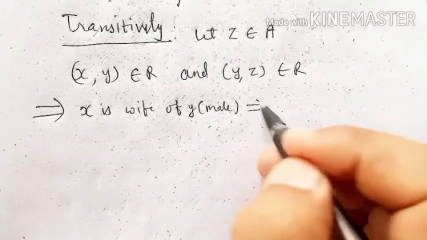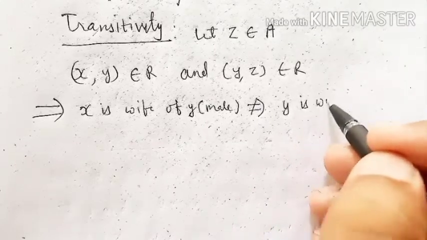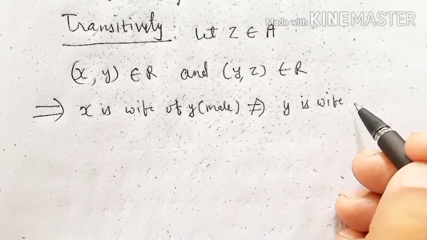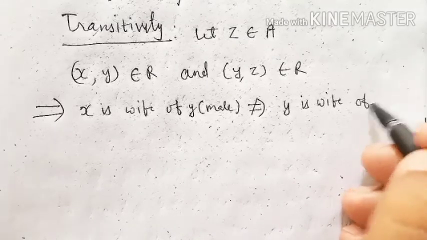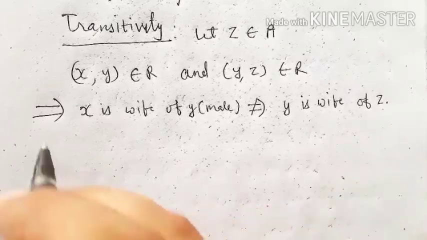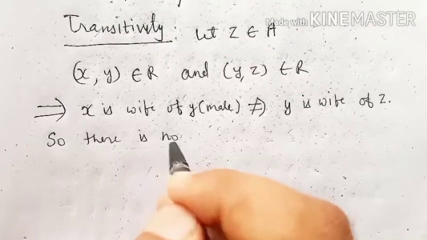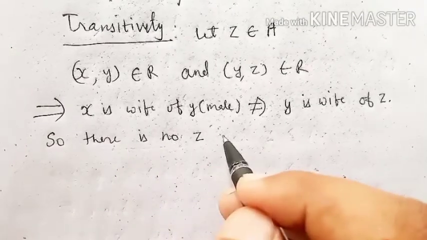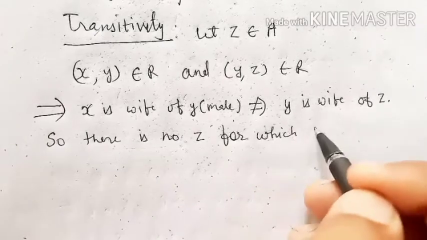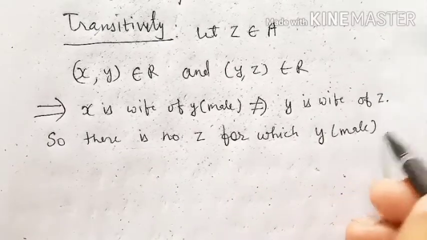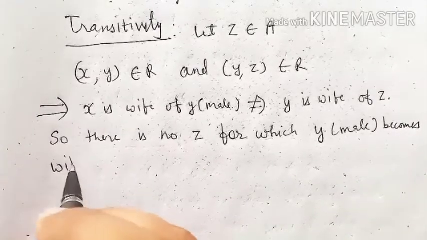This does not imply Y is wife of Z. So there is no Z for which Y, a male, becomes wife.